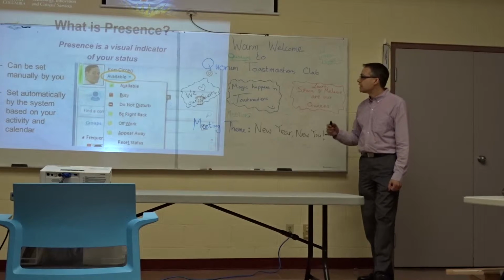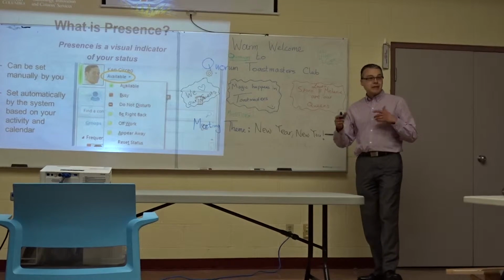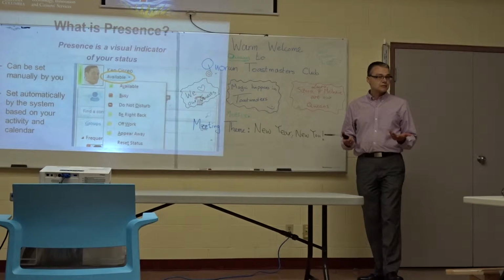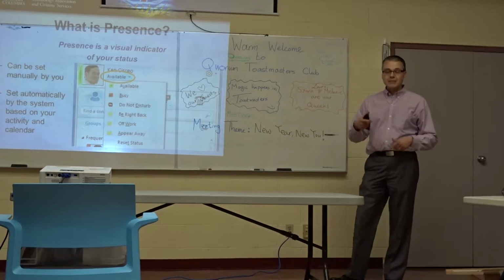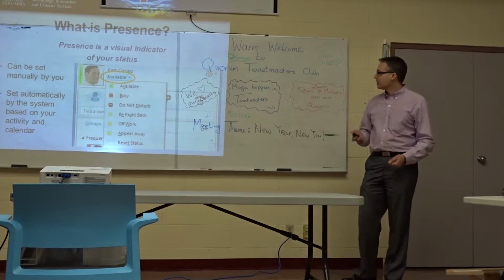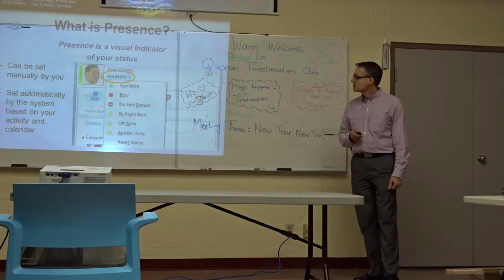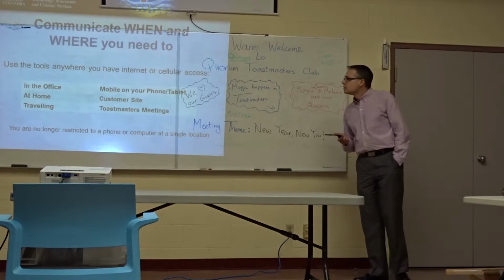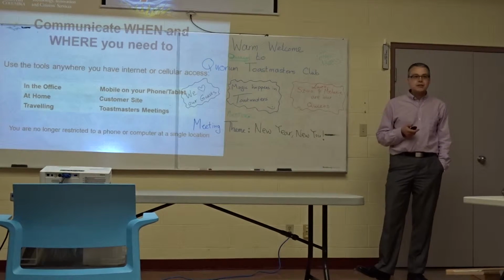So again, it lets me decide if I want to be interrupted or be available, and it automatically tells people as well what my status is, am I reachable right now, or do you want to wait till later, try a different way of getting hold of me. So it lets you communicate when and where you need to.